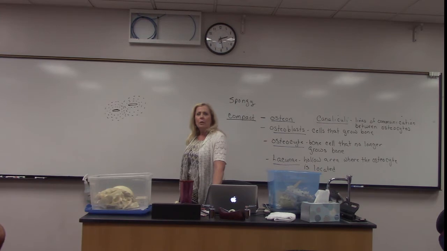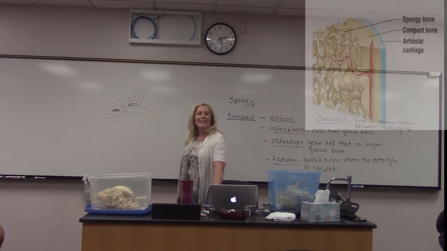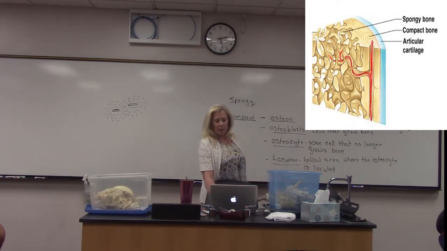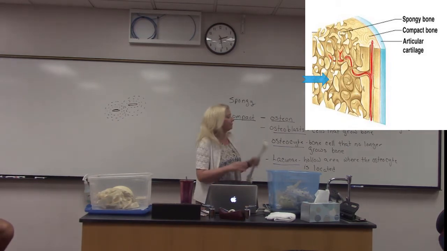Okay. Spongy bone, again, doesn't have a very organized appearance like the compact bone does. When you look at spongy bone, each little piece of bone here is referred to as a trabeculi.